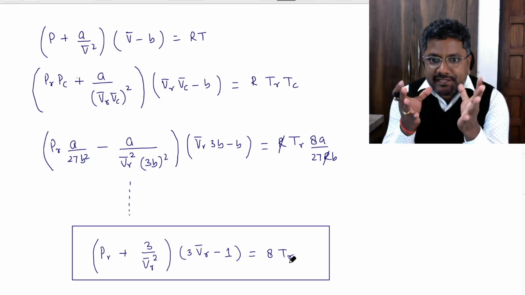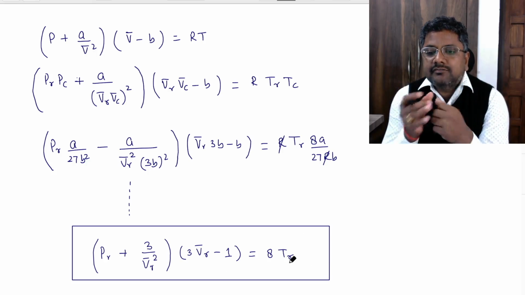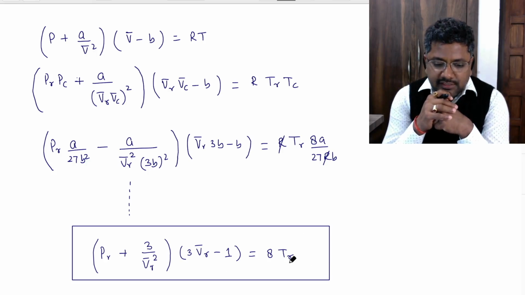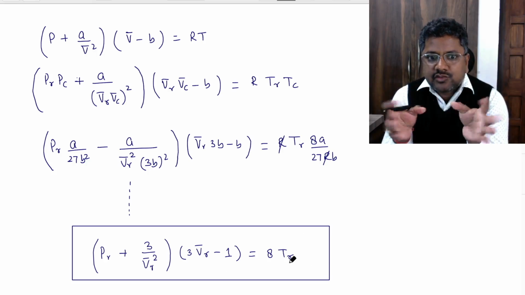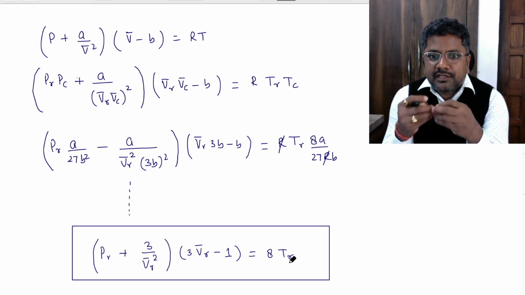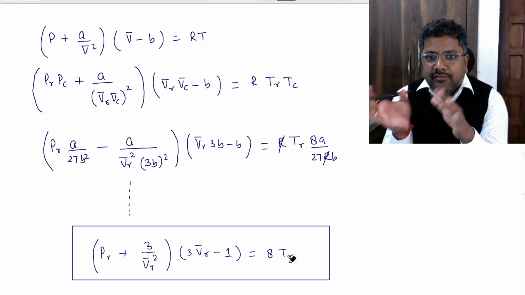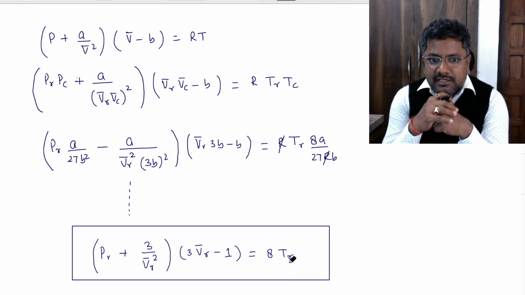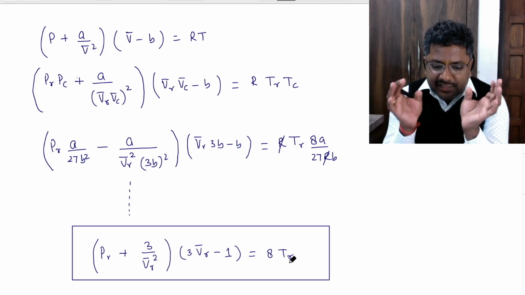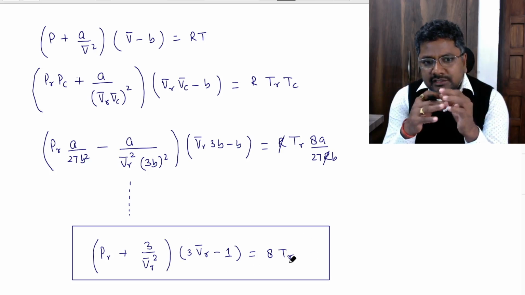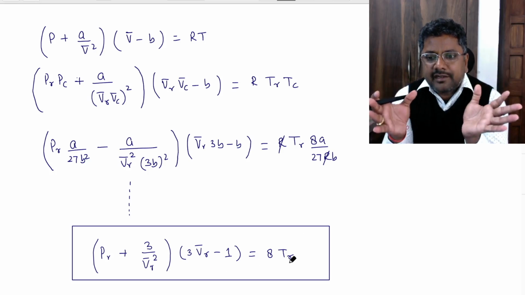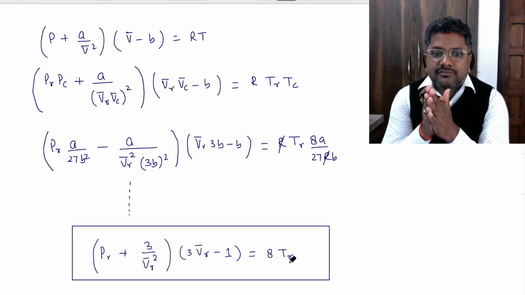And you know, in this equation, if you see, you will find that this equation is independent of the nature of the gas, right? In this, there is no A, there is no B, there is no capital R, nothing is there. Only PR, VR, and TR are there, and some numerical values are there. So this reduced pressure or reduced volume, all these terms are independent of nature of the gas.